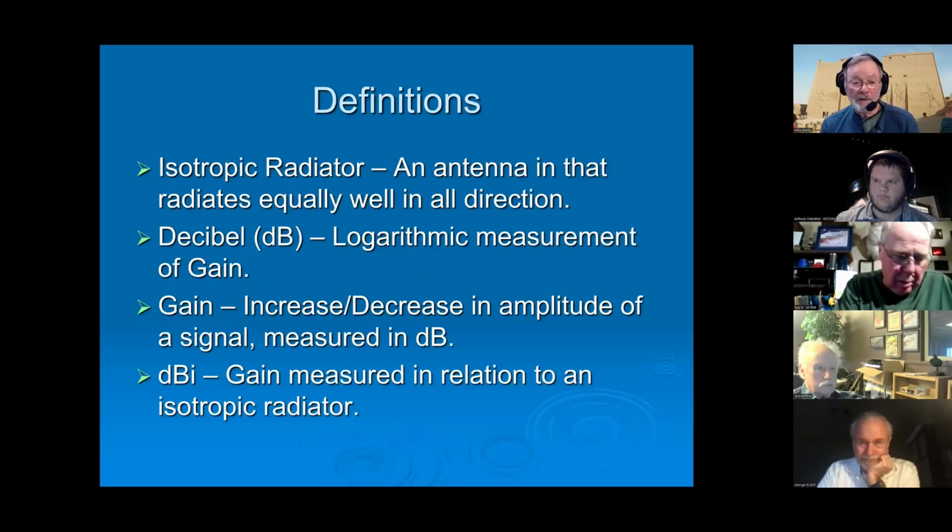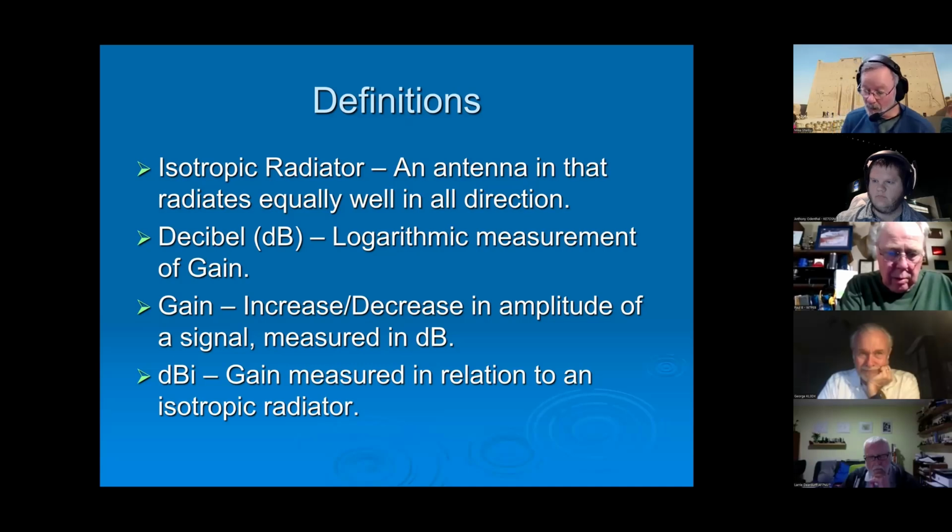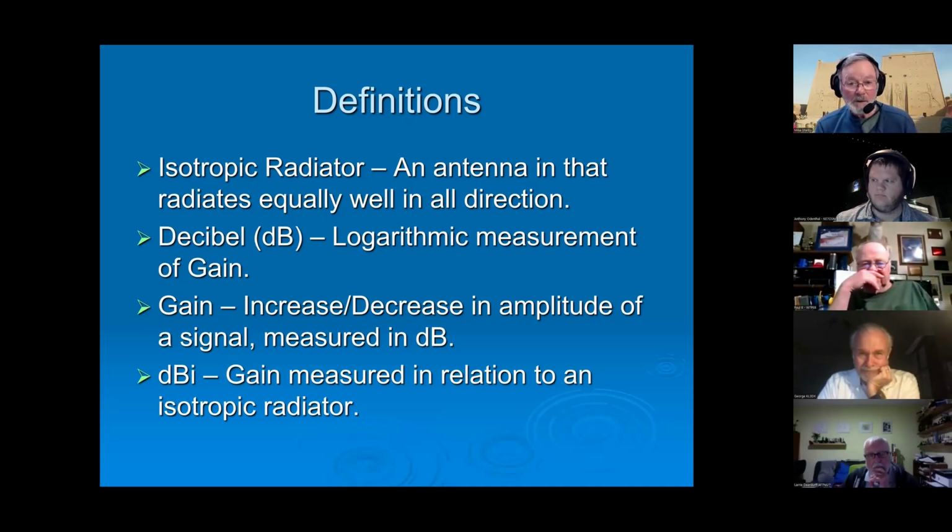So let's get out of the way some of the technical nitty gritty. Let's talk about definitions. Let's talk a little bit about radiation. There's lots to know about radiation. There's horizontal radiation, there's vertical radiation. There's also what's known as isotropic radiation.